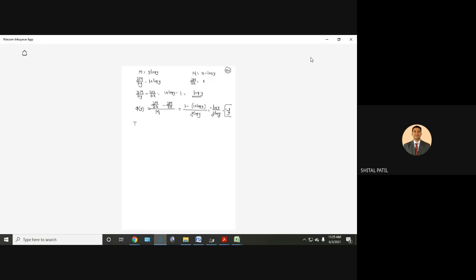Integrating factor, now we understand. One upon y is the integrating factor.